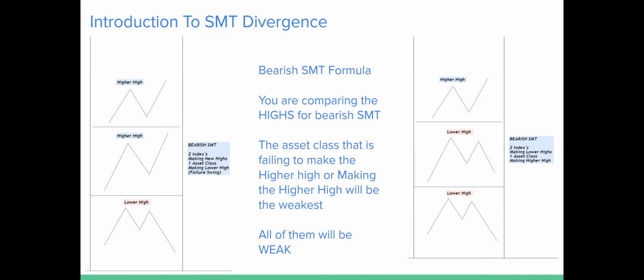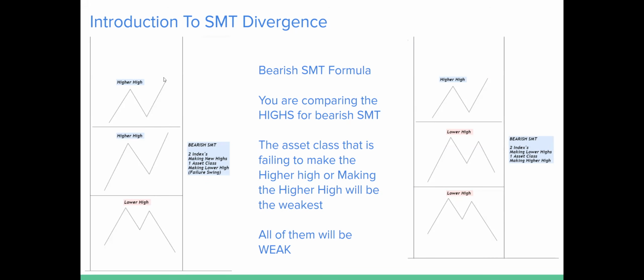So let's say, for an example, on the left side here, we have 2 higher highs being made and 1 lower high. So what that is telling you is, let's say down here is YM, in the middle is NQ, and the top is ES. If you have your chart set up like this, what you're doing is you're comparing these highs.